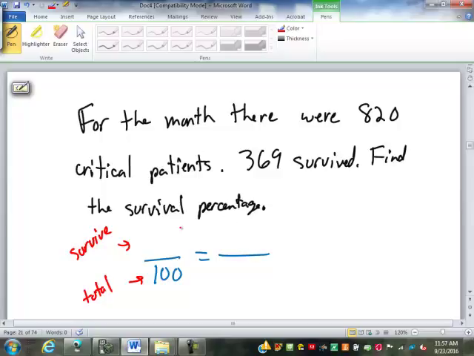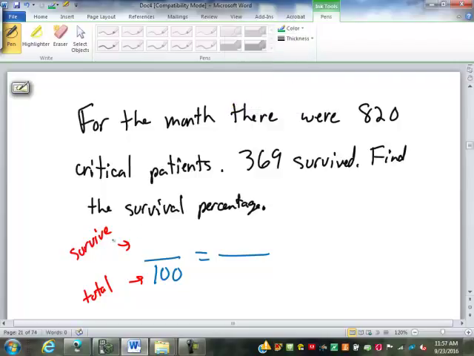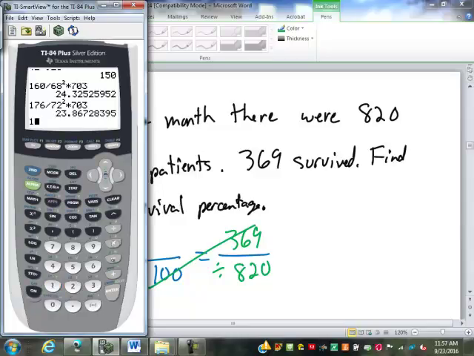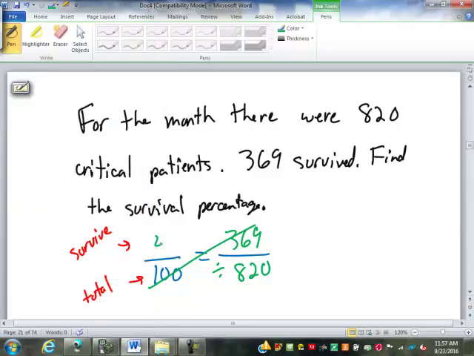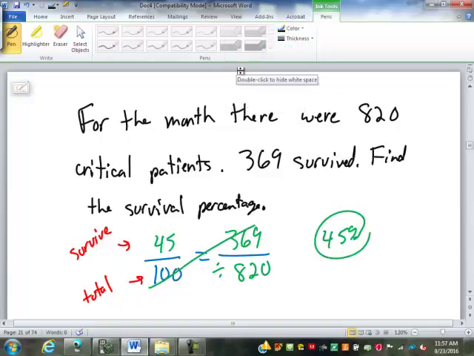What goes on the other side has to represent the same things. Survivors were 369. Total was 820. So we can cross multiply and divide here. 100 times 369 divided by 820 is 45 out of 100, or 45%. There's a 45% survival rate.